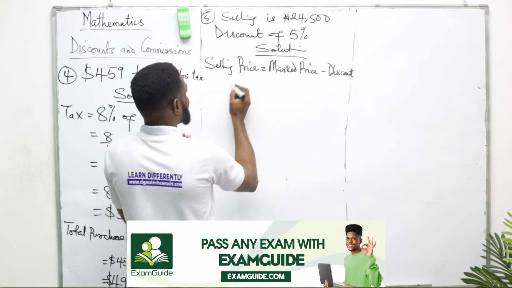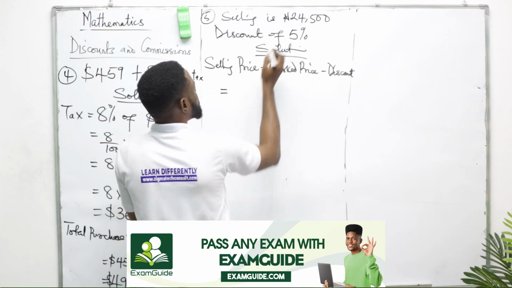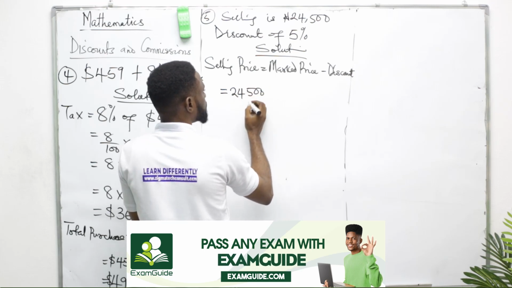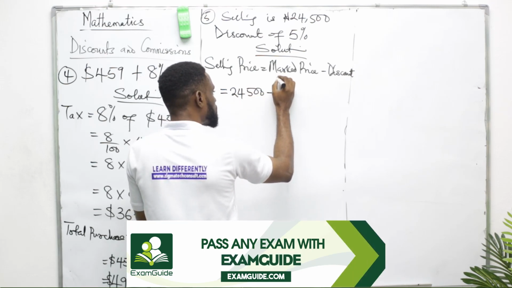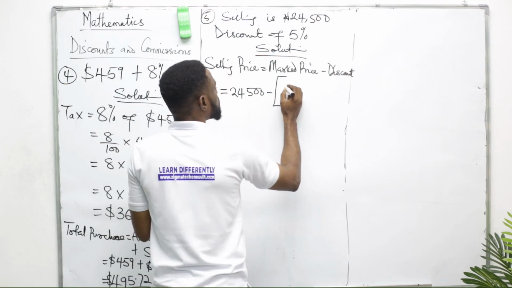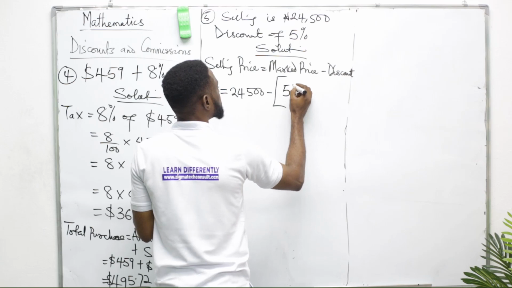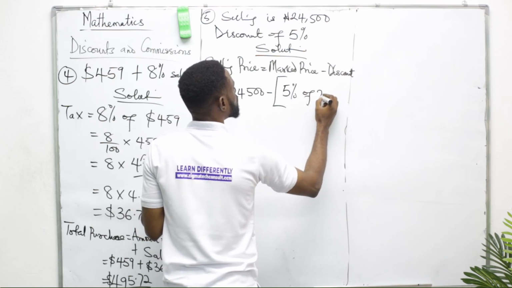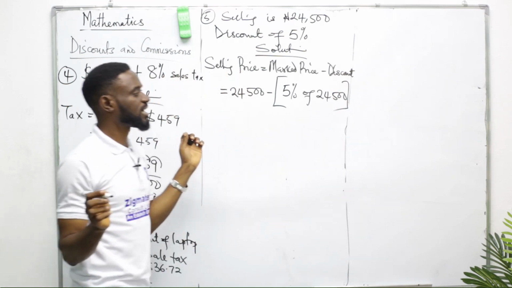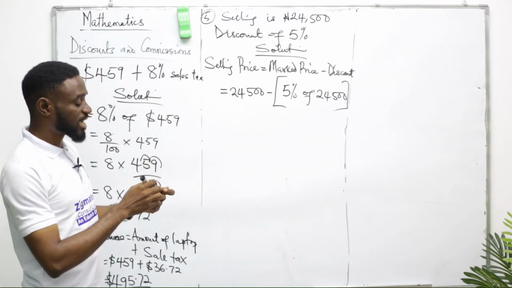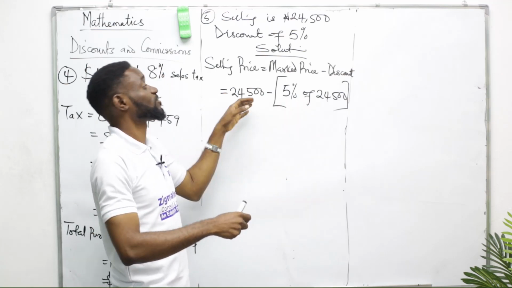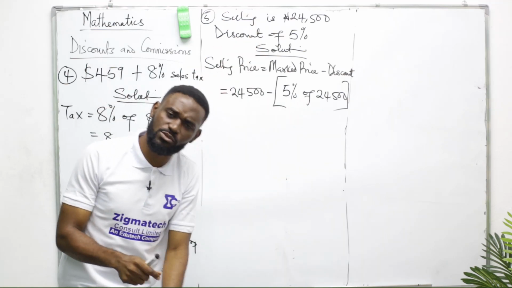Okay, so the selling price at once is equal to the marked price, which is 24,500, minus the discount. The discount is 5% of what? 24,500. You get that? The answer we'll get from here is still the same thing that when we finish getting, we'll now go and subtract. So let's just do everything at once, okay?